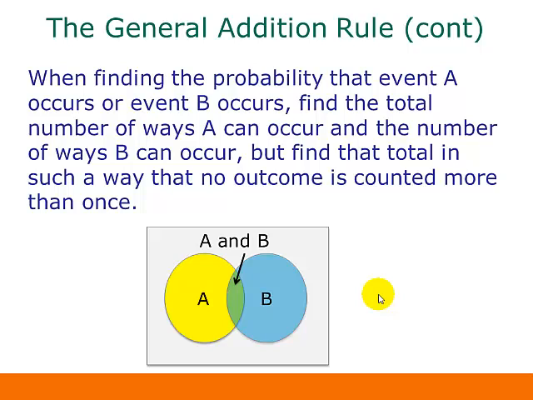And that's why in our general addition rule, we subtract the probability of A and B, because we've already counted it twice when we've added the probability of A and the probability of B, so we have to subtract it out once so that we're only counting it once.